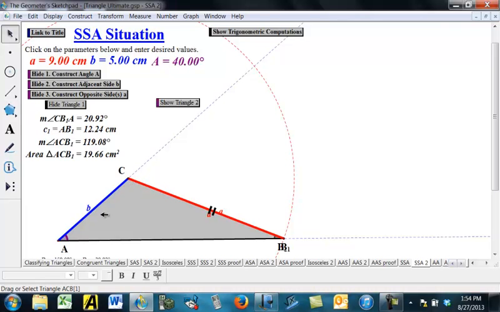So when you're doing these for the homework, you're going to have to be able to do this accurately enough to get your answers within 0.1 centimeters on the length and within 2 degrees on the angle.